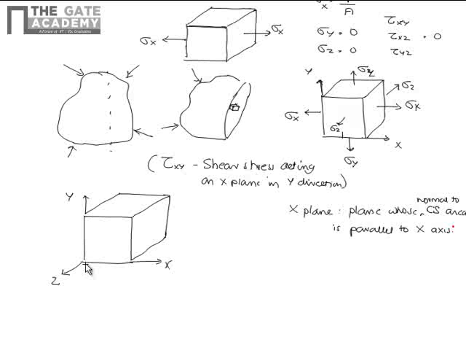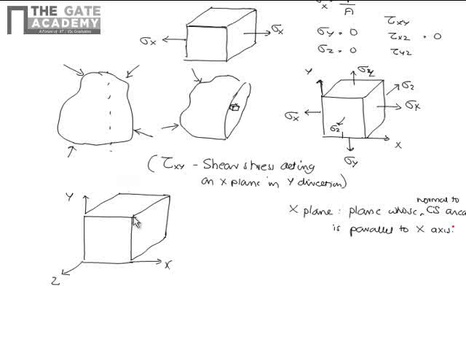So in this case, this is your x axis. And what is the normal to a cross sectional area? Like if I have a cross sectional area like this, what will be the normal? Normal will be perpendicular to this area. So perpendicular to this area, if I draw a line here, it will be in the y direction.